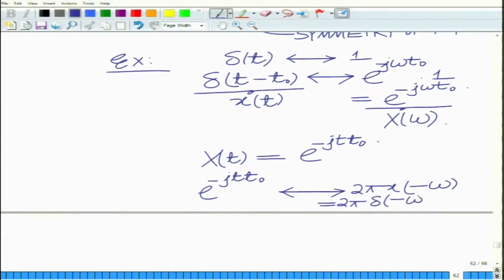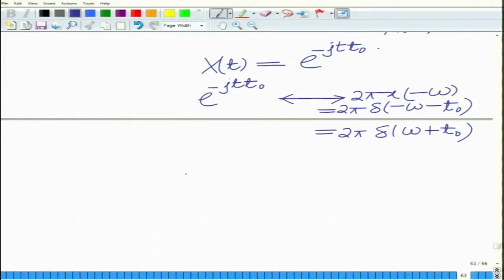So, this will be 2 pi delta of minus omega minus t naught, which is nothing but 2 pi delta of omega plus t naught, that is delta of minus omega minus t naught is basically the impulse located at omega equals minus t naught, which is the same thing as delta of omega plus t naught.